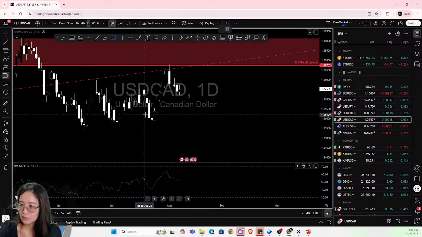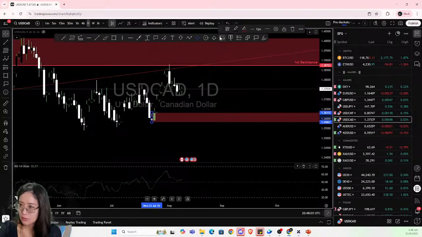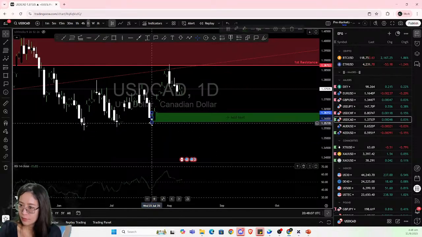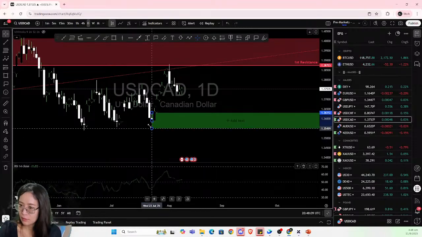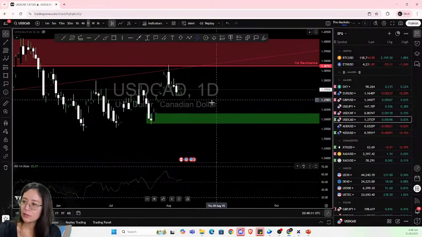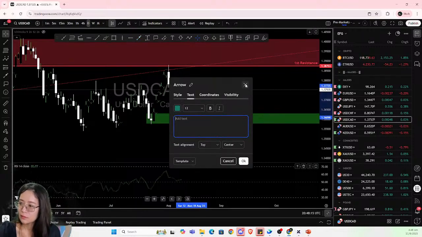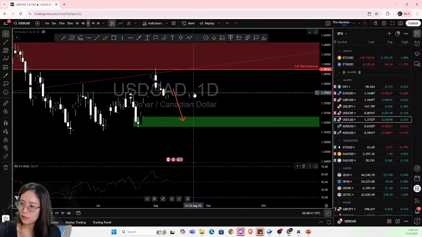This is the demand zone that I'm looking at, somewhere around here. Okay, meaning it might go all the way here if you have a sell over here.